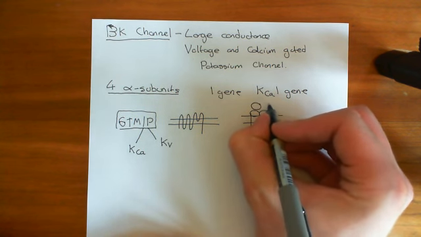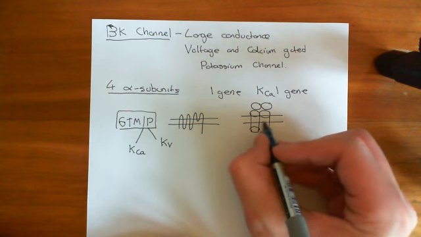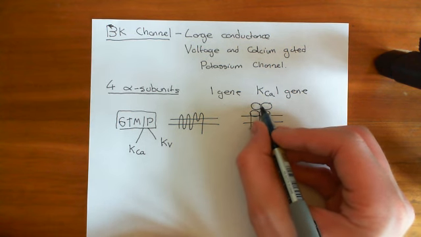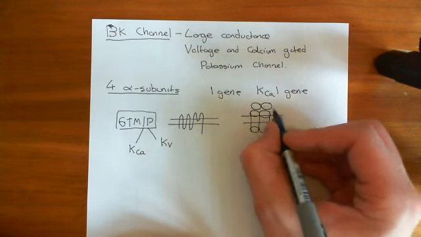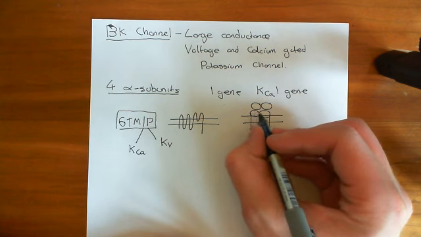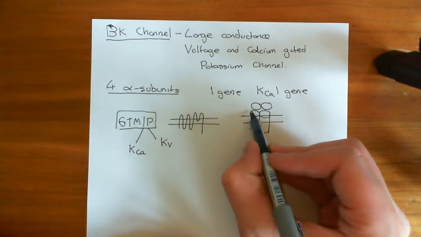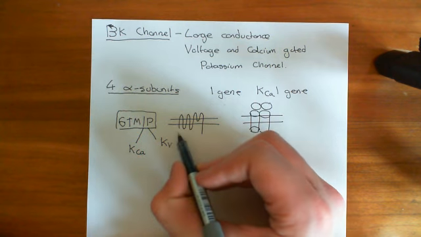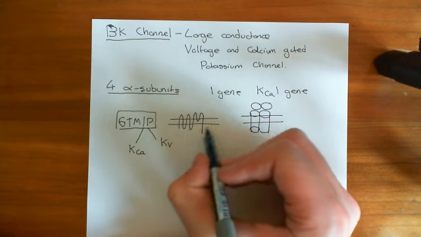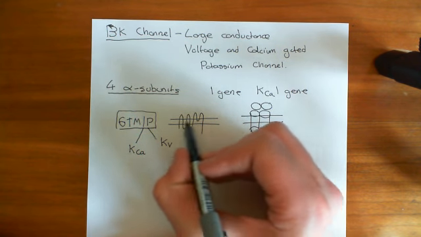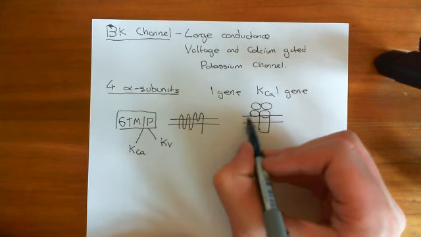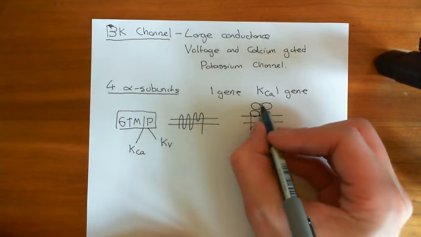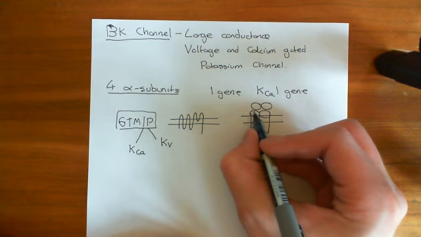We will study the structure of these channels in more detail when we study how you actually move ions through them. Basically the gene codes for a single one of these cylinders, which as a polypeptide structure looks like this, and all of these coil up together to make this cylinder structure, and then 4 of those aggregate together to make a potassium channel.